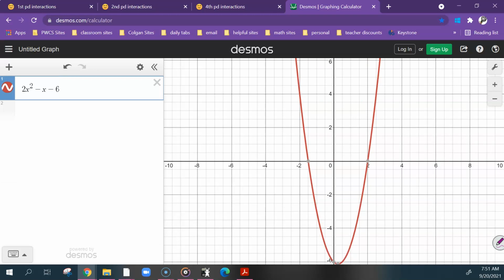And it asks what are the roots. Roots is another word for zeros, x-intercept, solutions. So the 2 you had should have been at negative 1.5 and positive 2, or negative 3/2 and positive 2.